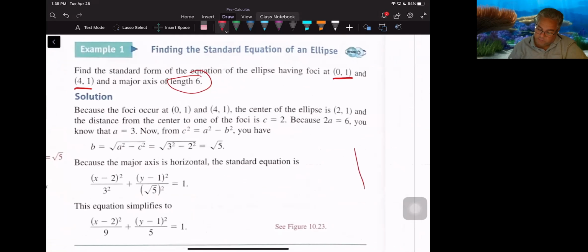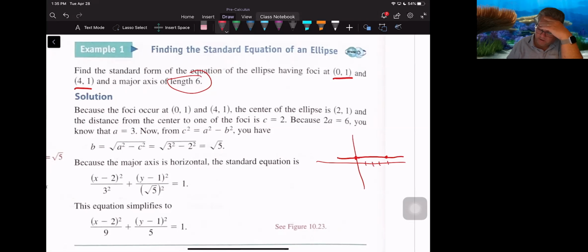Remember, the foci always lie on the major axis. So we've got 0, 1, and then we've got 4, 1. So 1, 2, 3, 4, and 1. So we know that's our major axis, and we know that length is going to be 6.